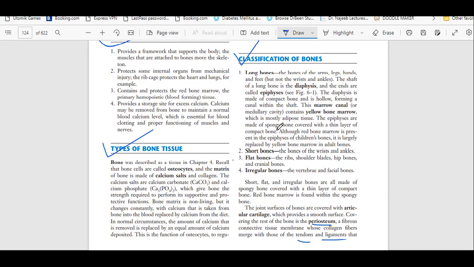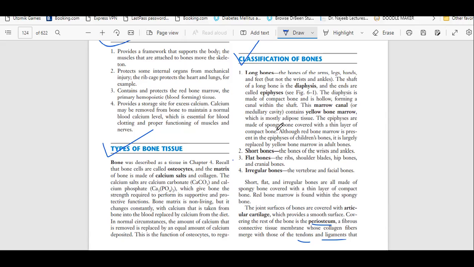It is produced in the short bones, flat bones, and irregular bones. The bone marrow there produces blood cells. In the spongy bone, the covering is called compact bone, which is hard tissue.